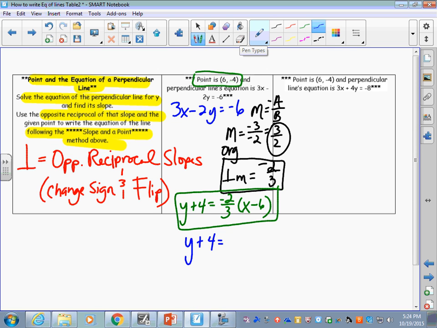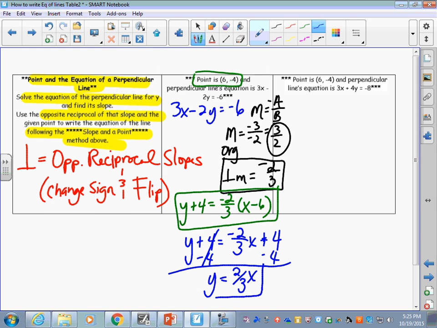So y plus 4 equals negative 2/3 x plus 4. Or basically you would have a positive 12 divided by 3, which is 4. And then we're going to solve for y by subtracting 4 on both sides. And we just get y equals 2/3 x. And this type of equation would be a direct variation.